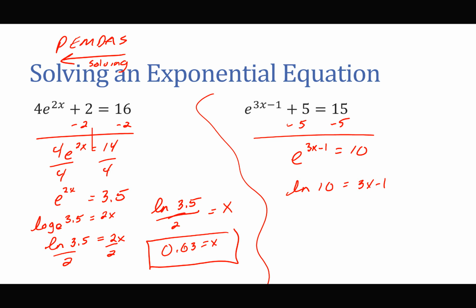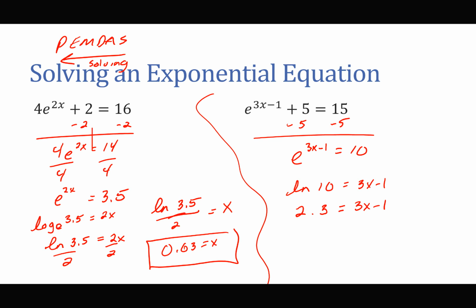Again, we are solving for x, and we know natural log of 10 is just a number. So let's get a decimal value for this natural log of 10 just to make things a little bit easier. Natural log of 10, we can put in our calculator, you should get 2.3 equals 3x minus 1.